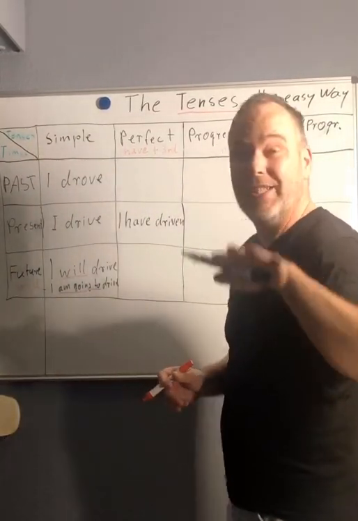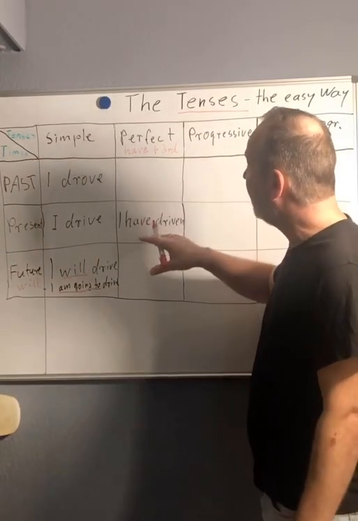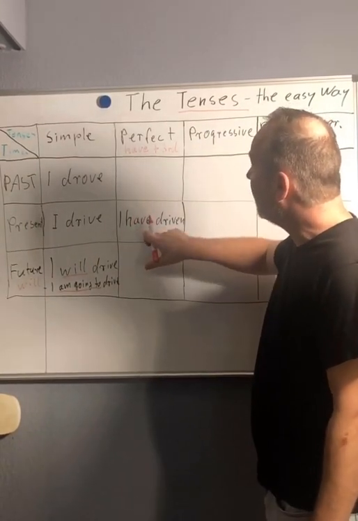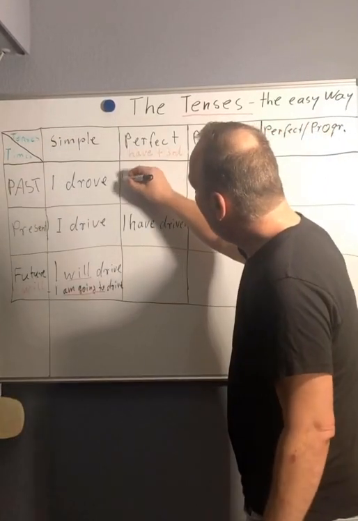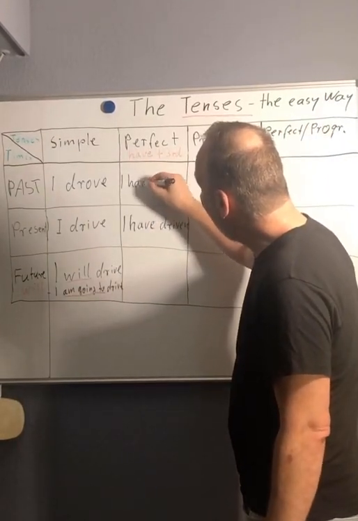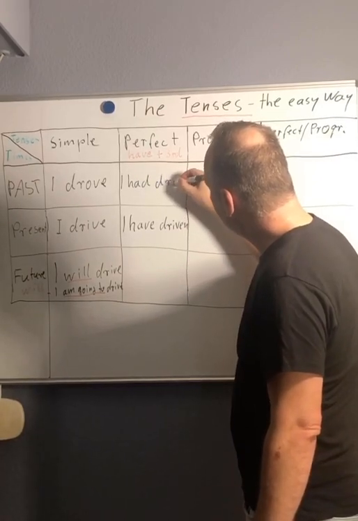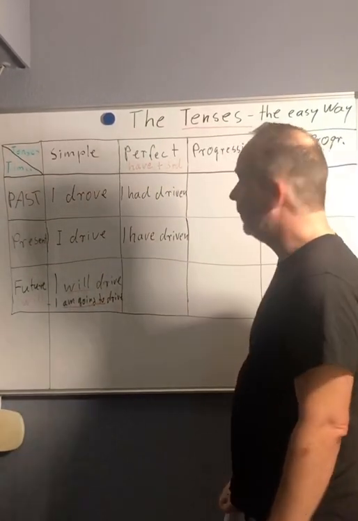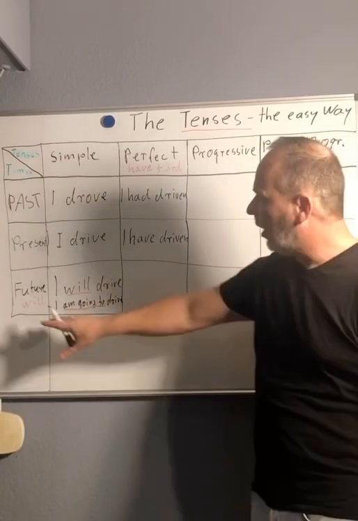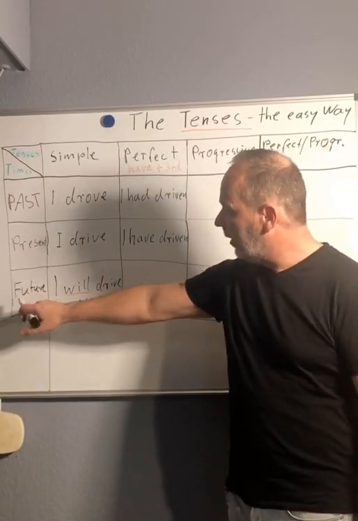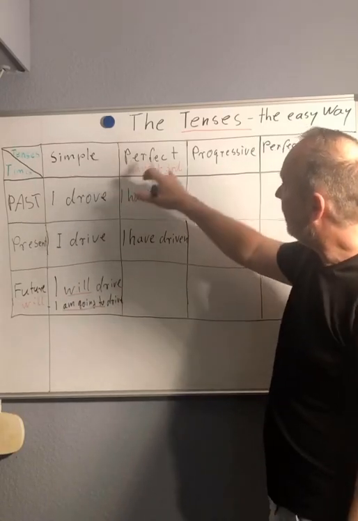Don't worry, we get deeper into it later. All you have to remember, you put now the have in past. I had driven. Okay? And the future, you know, the rules are already there. Will plus have plus third form.